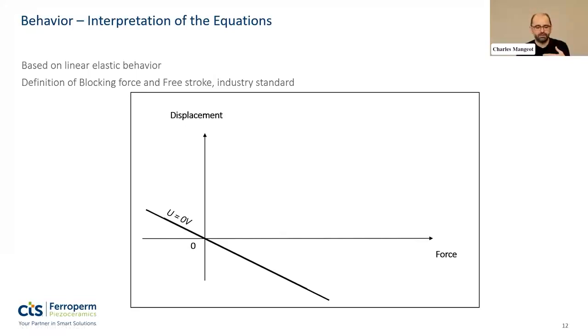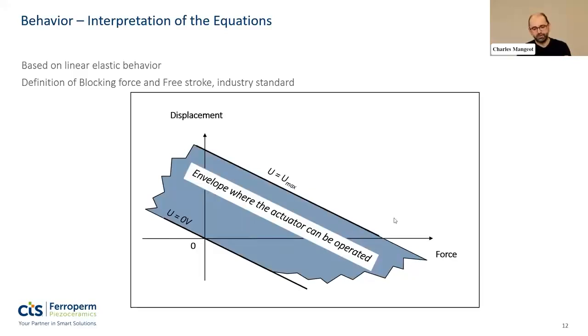Now, the interesting thing about piezo is that if you increase the voltage to the maximum rated voltage, then you will be able to offset that curve. So if you go to the maximum voltage, you generate a displacement. But overall, the part is still elastic at constant voltage. That means you're on this top line, and in between the two lines, this is where you can actually use the actuator.